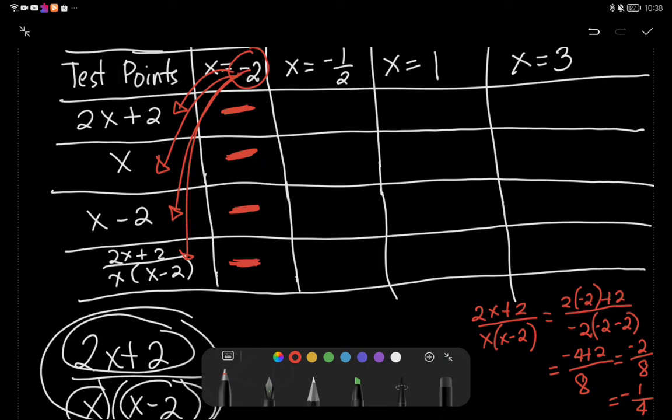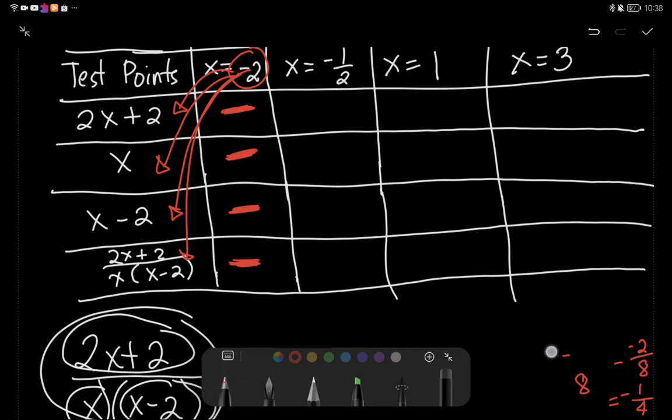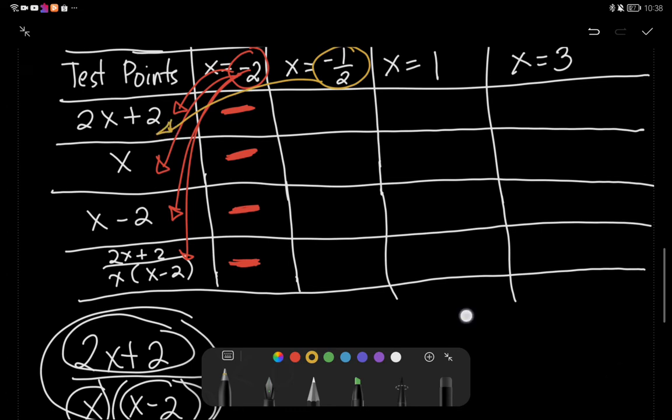Since we are done with the first test point, let us continue to the second test point. The second test point is this one: negative 1/2. Negative 1/2, substitute there. So, that is 2x plus 2. It becomes 2 times negative 1/2 plus 2.